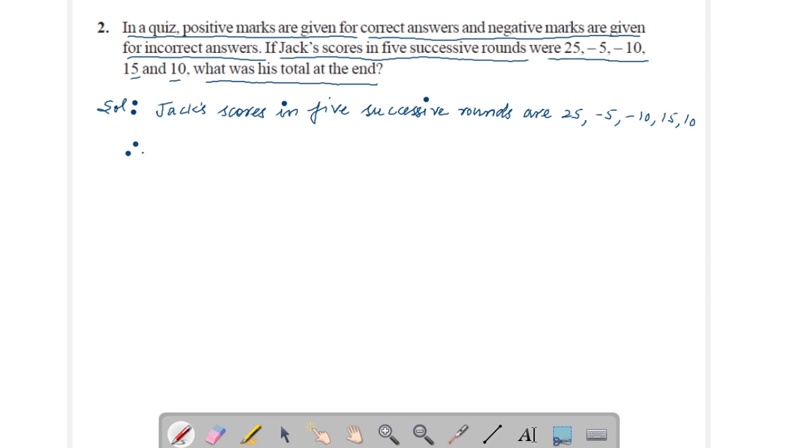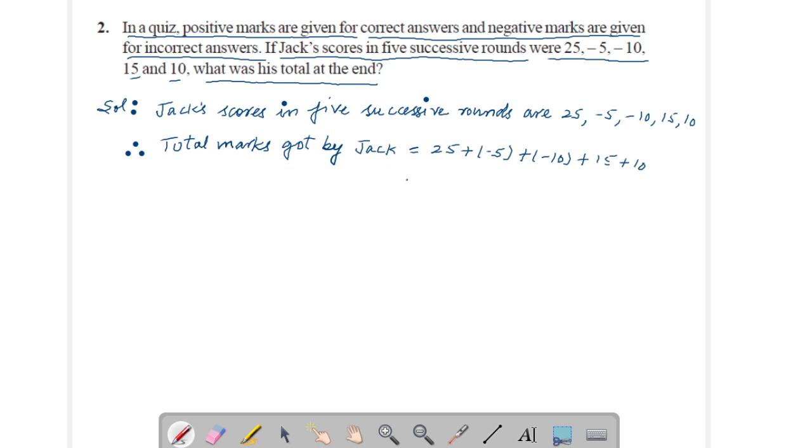Therefore, total marks got by Jack equal to 25 plus minus 5 plus minus 10 plus 15 plus 10.